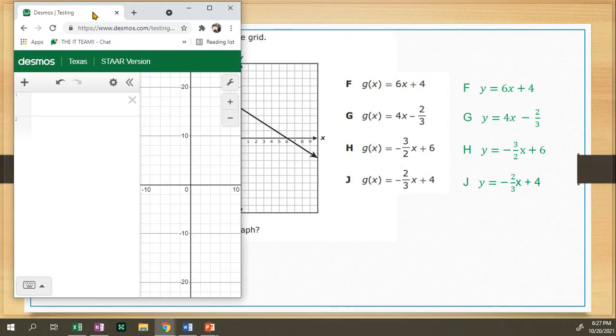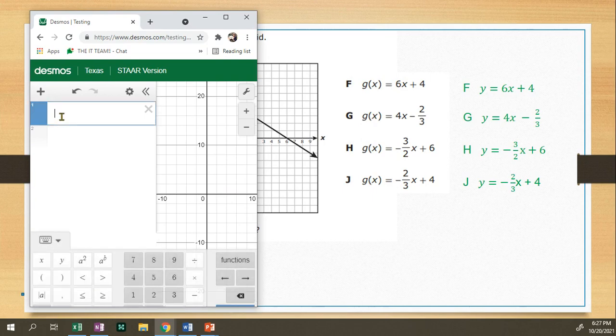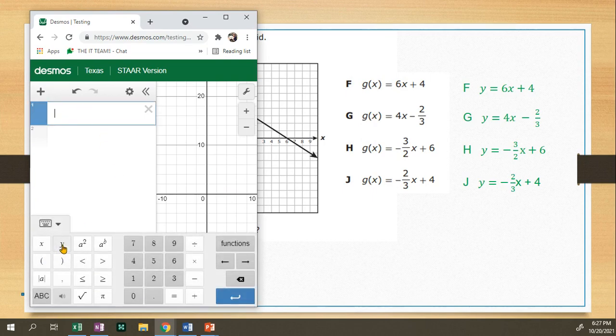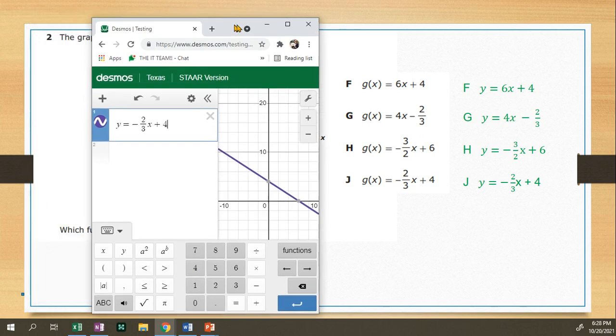That only leaves one answer. We're going to type it in. Again, we're using y equals instead of g of x. So we do y equals negative 2 divided by 3. We're going to have to arrow out of that. x plus 4. And now we see a line that's headed the right direction.